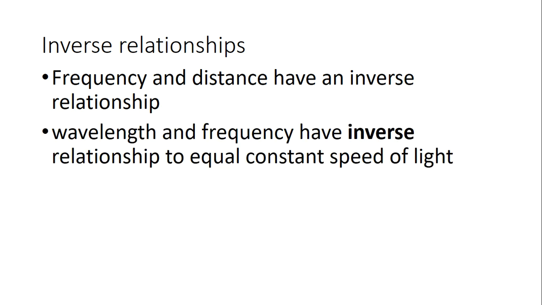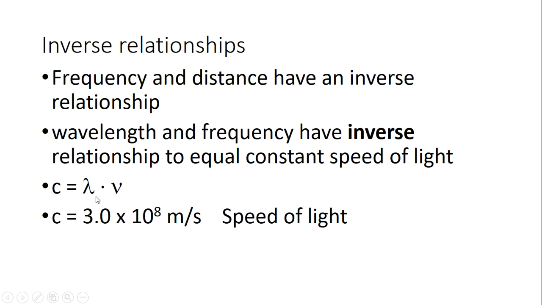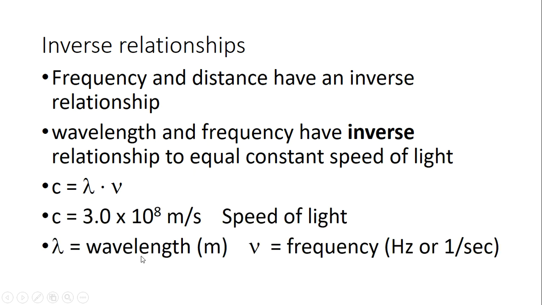Wavelength and frequency have a similar inverse relationship because they're equal to a constant, which is the speed of light. Anytime anything's equal to a constant like that, if one goes up, the other one's going to go down. That's a mathematical equation. So if the wavelength and the frequency are going to equal this constant c, 3 times 10 to the 8th meters per second, then if this one gets larger, this one has to get smaller so they can still equal the same number.